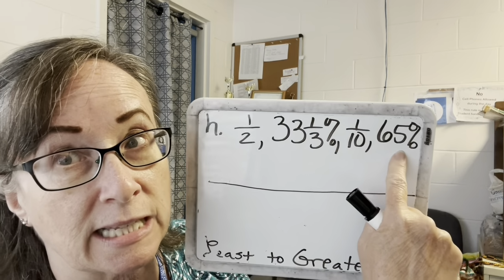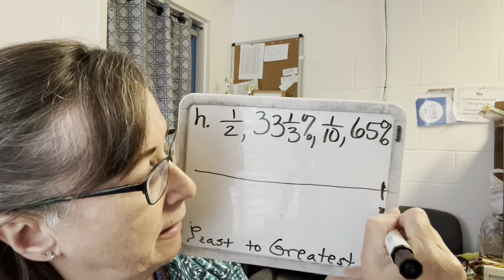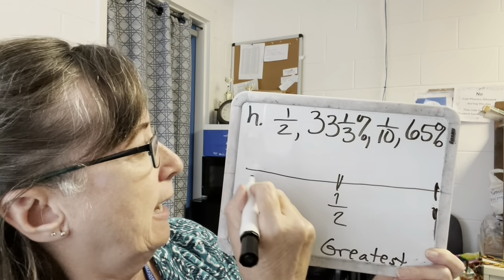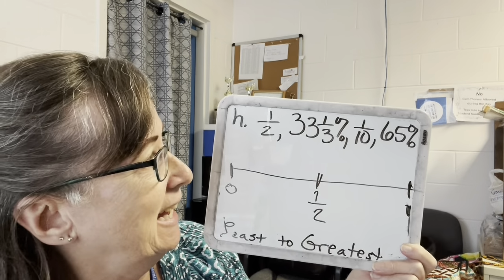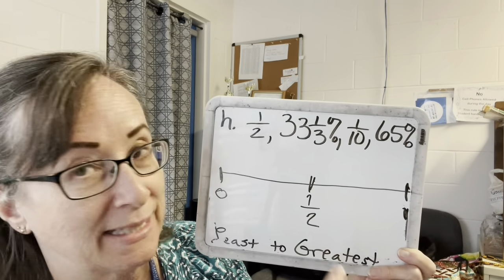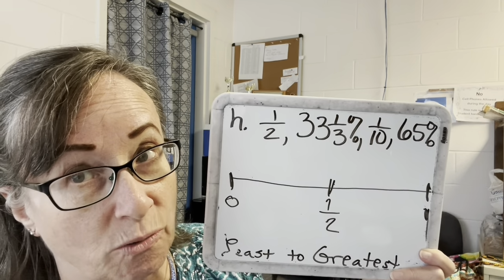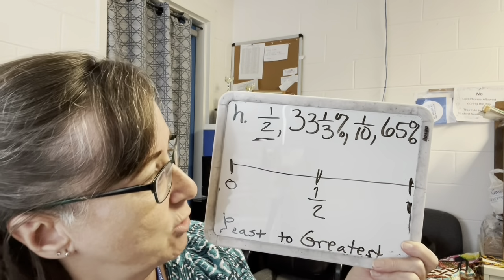So I'm going to put 1 here, I'm going to put 1/2 here, and I'm going to put 0 here. Okay, now 1/2 is in the middle. I know it's in the middle, but I don't know that that's the smallest or the least. So we already know where this guy belongs. He's right in the middle.